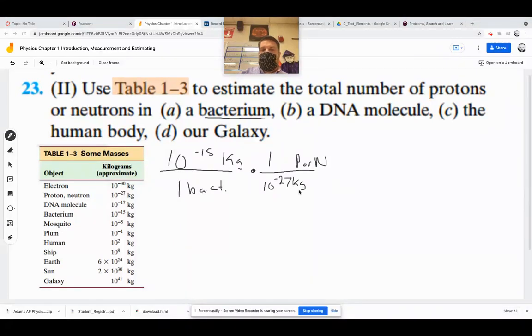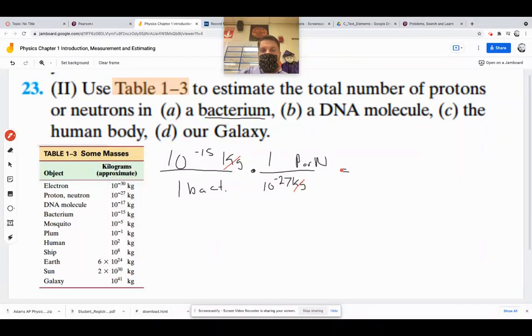Then I want to cancel out the grams because I want to figure out how many protons are in a bacterium. So I write 10 to the negative 27 kilograms on the bottom, not grams, kilograms, is equal to 1 proton or neutron. Well, that's easy. So what happens here is because I wrote those two ratios that way, the kilograms cancel.